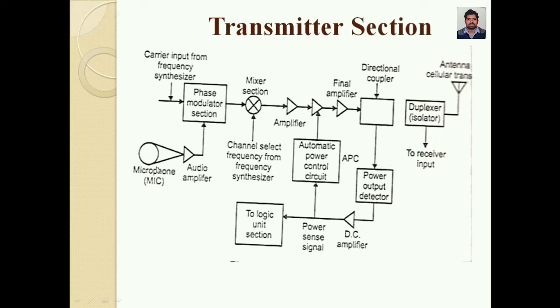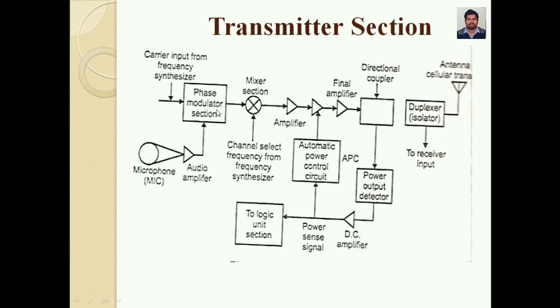This is the microphone, and after that the audio amplifier. The amplified voice signal is given to the phase modulator section. The second input is the carrier input which is coming from the frequency synthesizer.